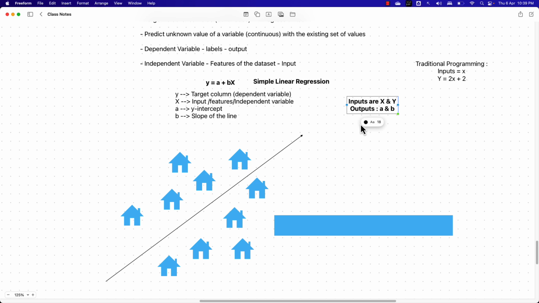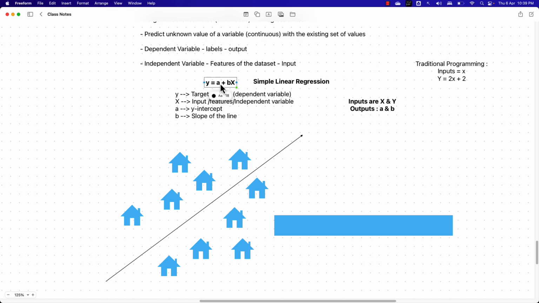In supervised machine learning with simple linear regression, this is given by the equation y is equal to a plus b into x, where a is the y-intercept and b is the slope of the line.